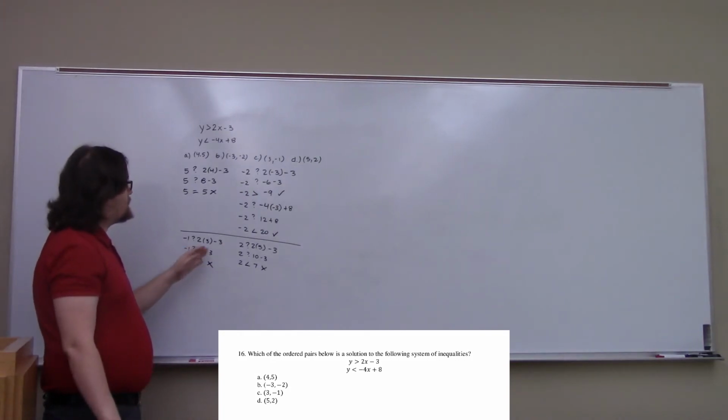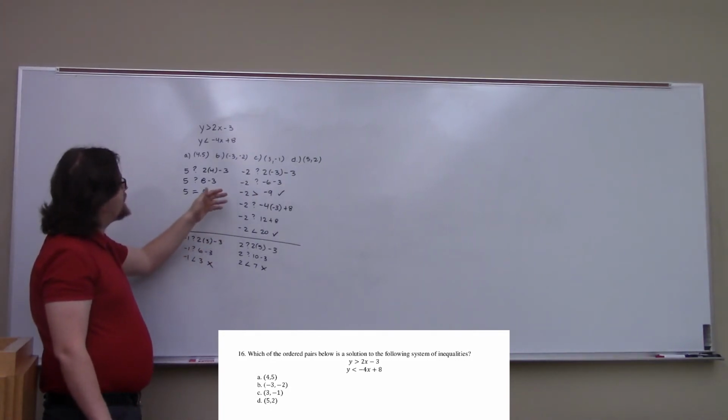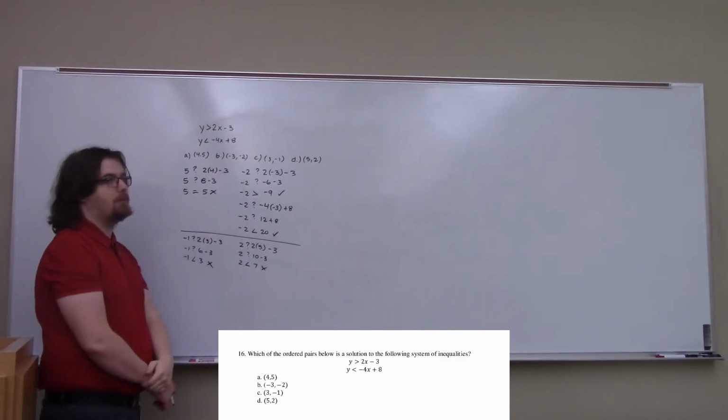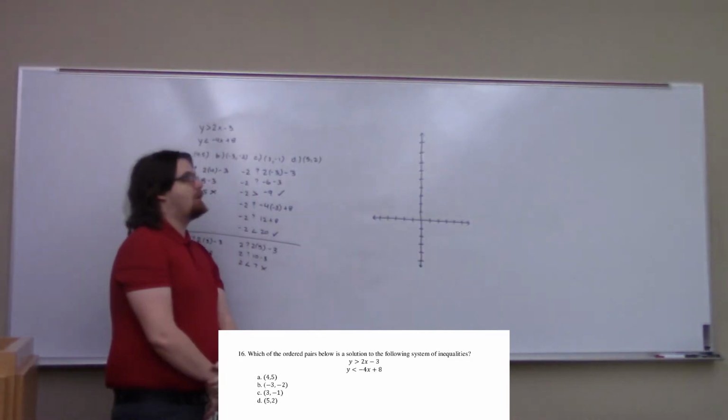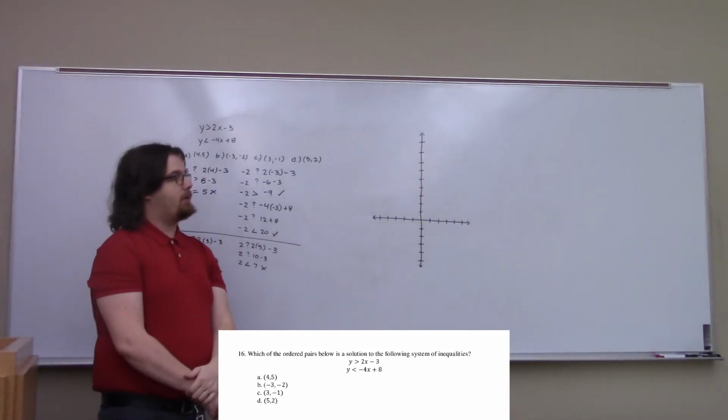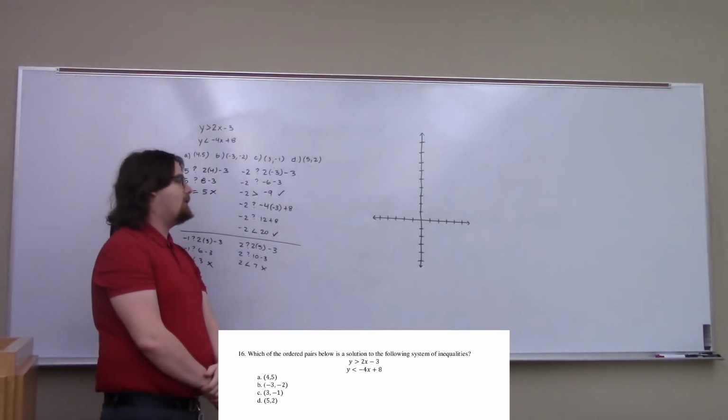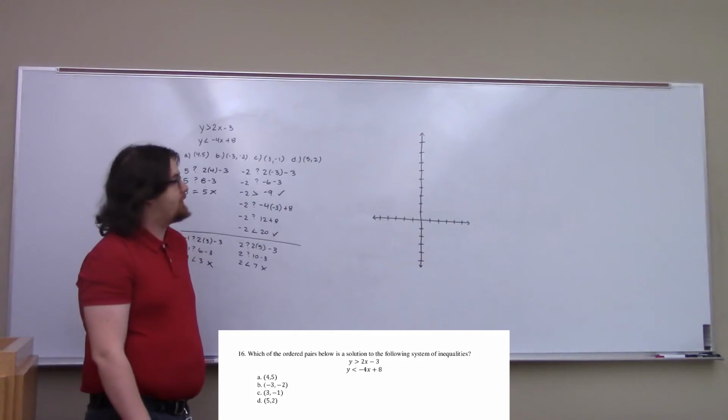So through a process of elimination, we can determine that our answer is answer choice B. Alright, so I mentioned at the beginning of the problem there were 2 ways we can solve this problem. The other way is using a graph.